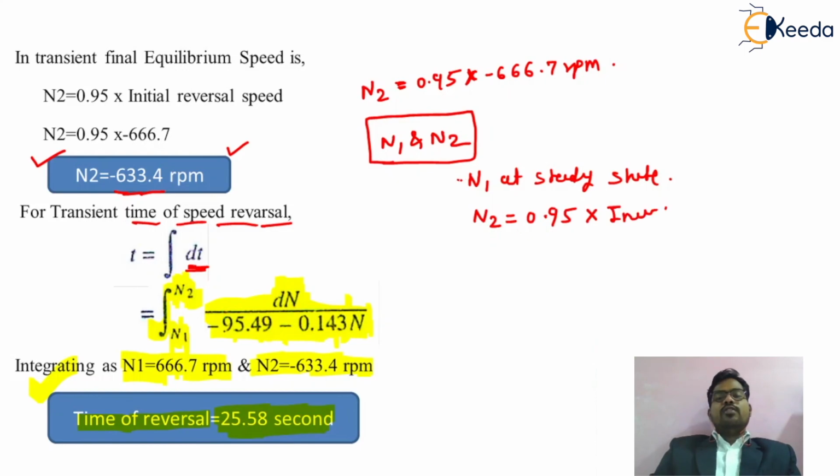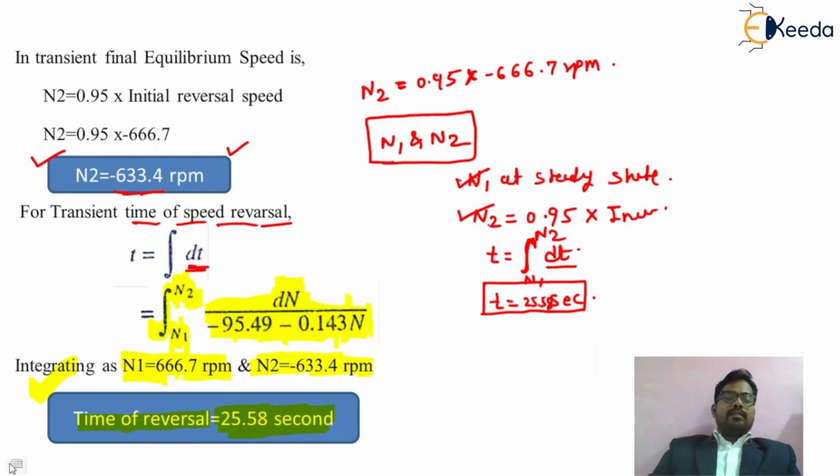Having n1 and n2, we use the fundamental formula t equals integration of dt, from n1 to n2. Substituting the values into that equation, we get the time of reversal in seconds. So in that particular problem, the time of reversal is 25.58 seconds. Thank you.